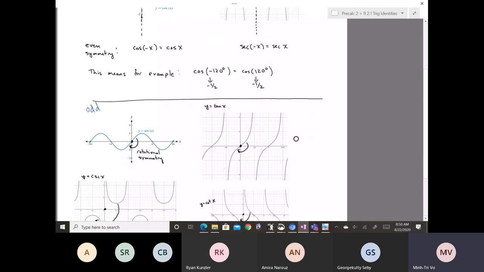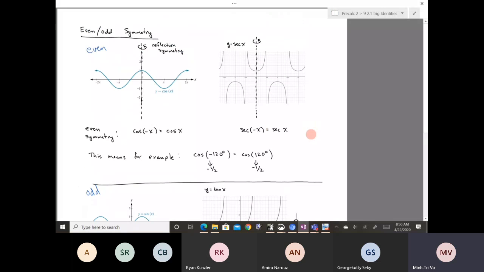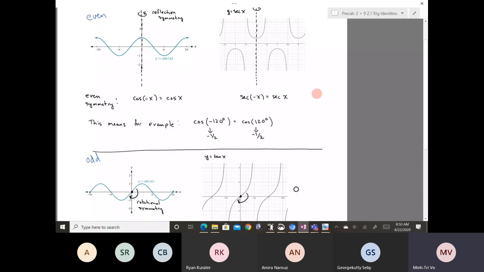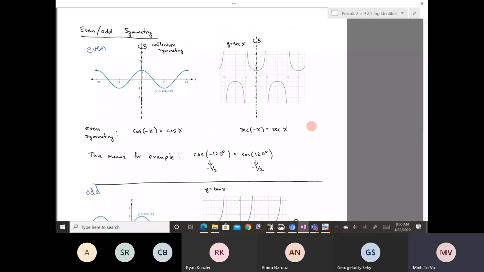It's used a little bit in calculus when you talk about integration, because integration refers to areas under the curve, and when you have symmetry like this, you can see that the area here is exactly the same as the area here, and the area here is exactly the same as the area here.